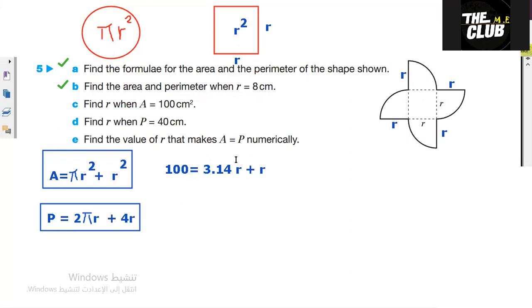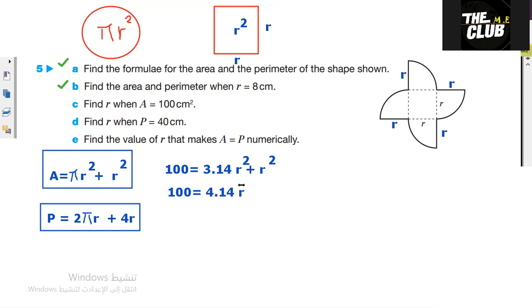Now you can factorize the radius in the bracket, but we don't have to do this. Now this one is 3.14 plus 1 r squared. So when you simplify, 100 equals 3.14 plus 1 r squared, which is 4.14 r squared.